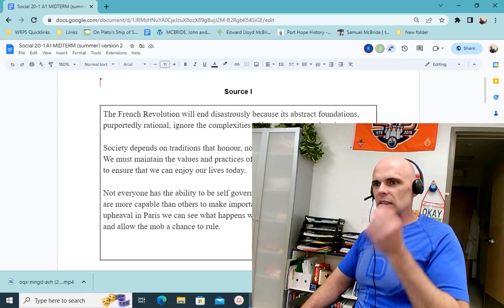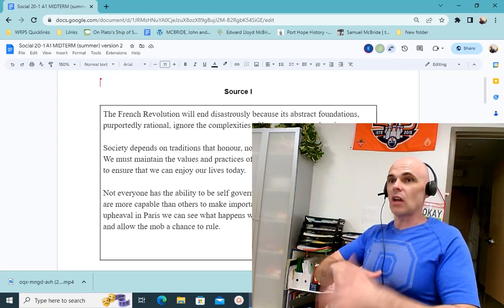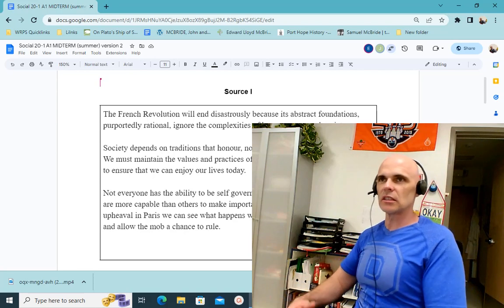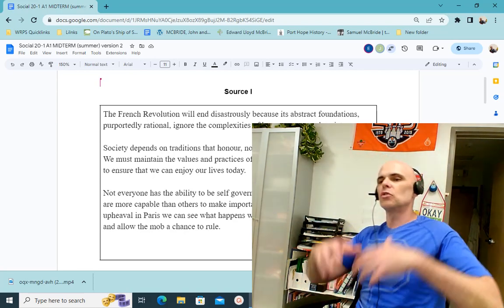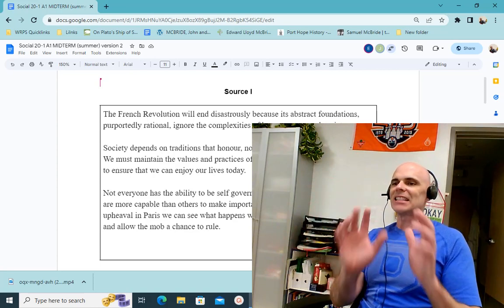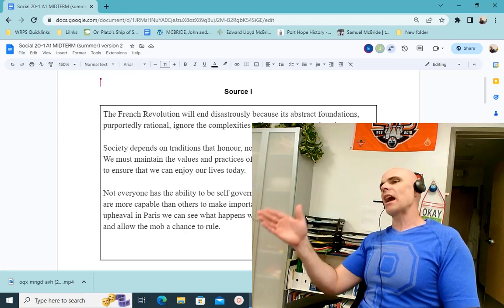So Burke is using the upheaval in Paris, the lawlessness, the anarchy in the streets, the terror under the Committee of Public Safety. He's using all that bloodshed in Paris as his evidence to quantify the fact that maybe what's happening isn't rational.